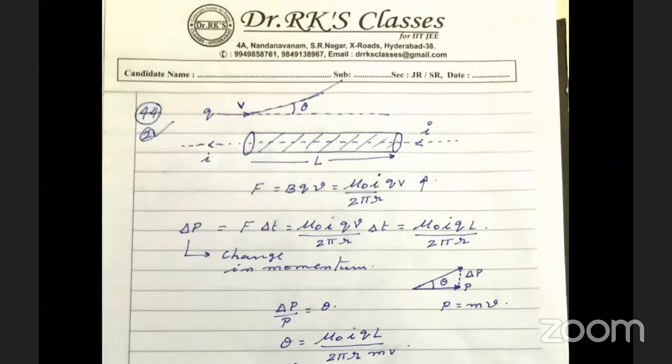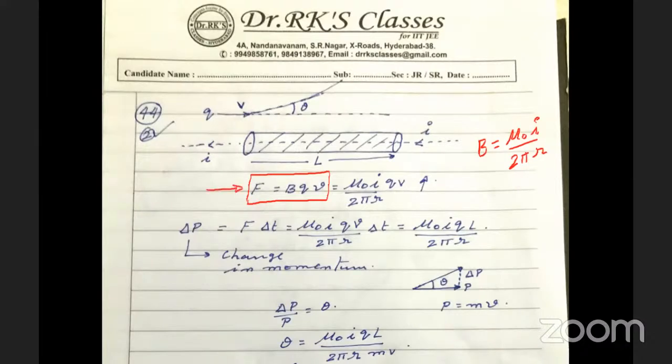Here we know that the force experienced by a charge is F equal to BQV sin theta. Sin theta is 1, so F is BQV. Then we know that B is equal to mu naught I by 2 pi r. So this is the force experienced.